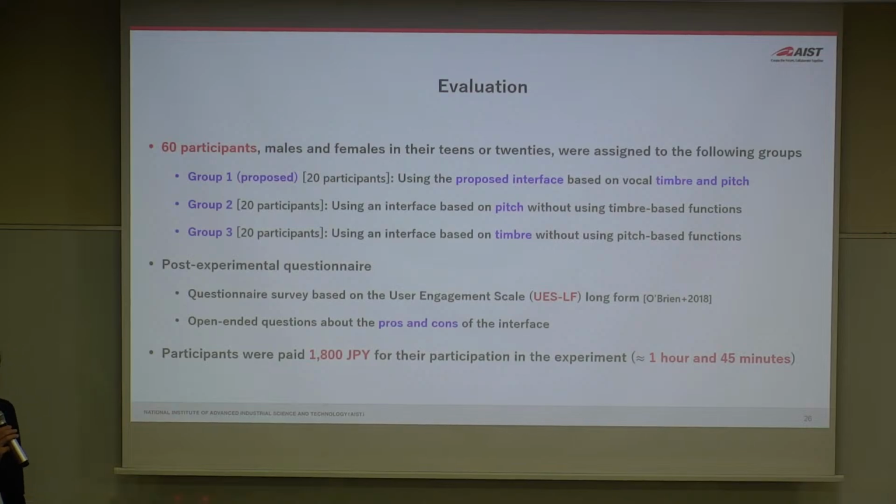And all participants answered open-ended questions about the pros and cons of the interface. Participants were paid 1,800 Japanese yen for their participation in the experiment. The duration of the experiment was approximately 1 hour and 45 minutes.